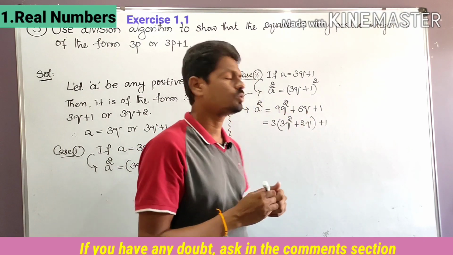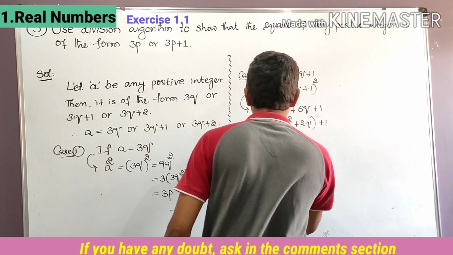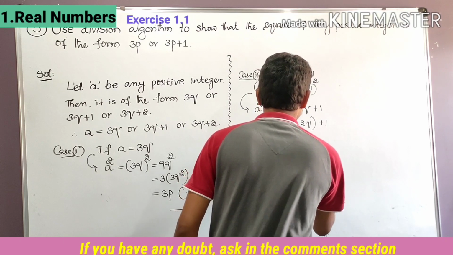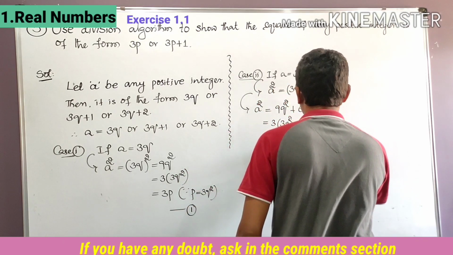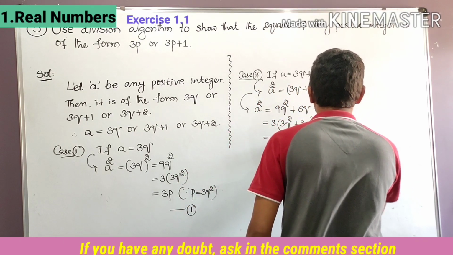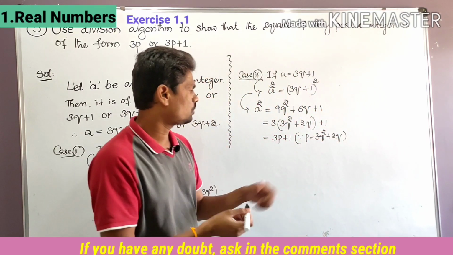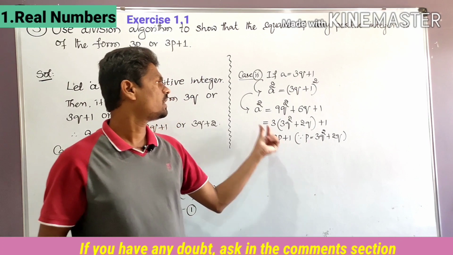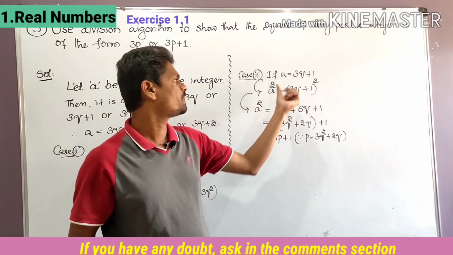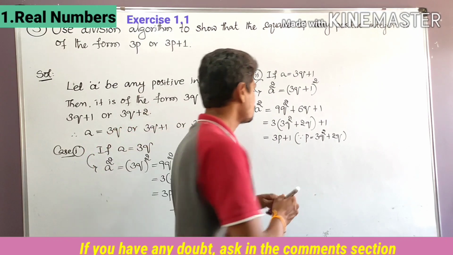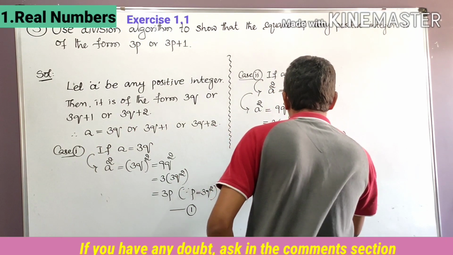So we write 3 into p plus 1, since let p is equal to 3q square plus 2q, then it becomes 3p plus 1. Then if a is equal to 3q plus 1, student, a square is of the form 3p plus 1. Let this be equation number 2, student.